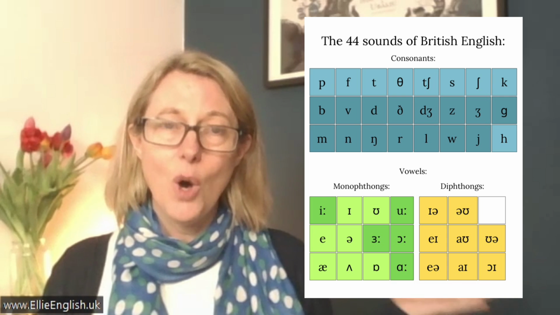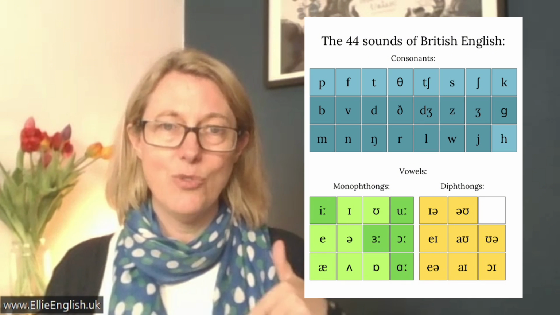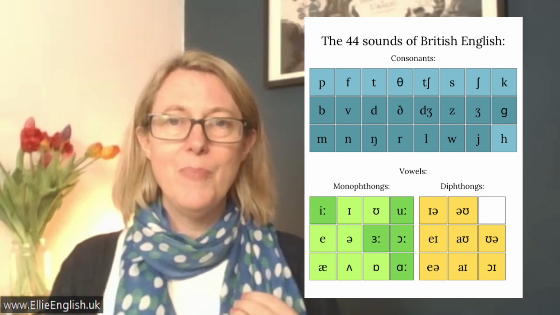And if you would like your copy of this, it's free and it's available in the description. Because there are more sounds in English than there are letters, we need the I.P.A. because the I.P.A. gives a unique symbol for every sound of English.